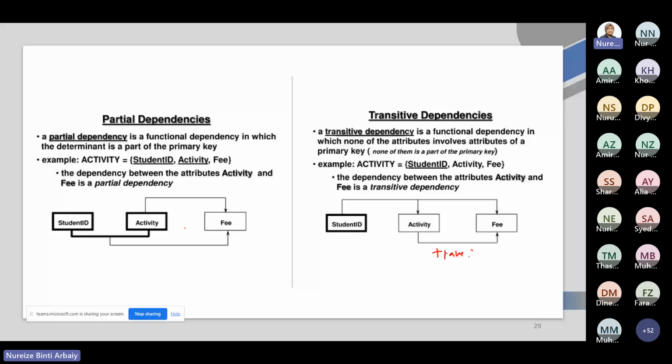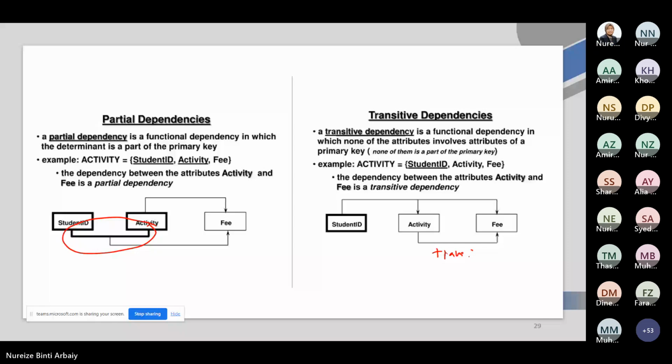They combine these two and then it can be used to identify the fee given to the student participating in the activity. So the same situation, activity and student ID, but it gives different situations. First is a partial dependency and second is a transitive dependency.